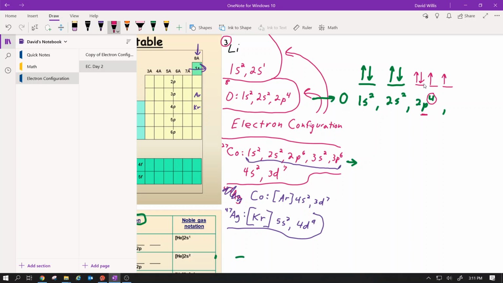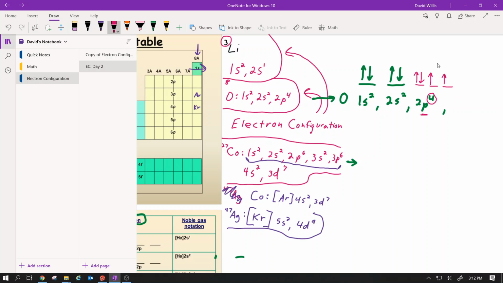So 2p4: up, up, up, down. In other words, you put 1 electron in each orbital until each orbital has 1, then you come back and double up.